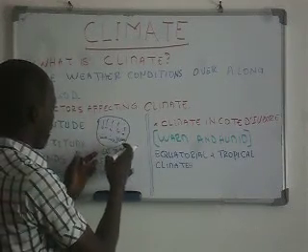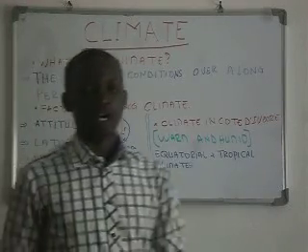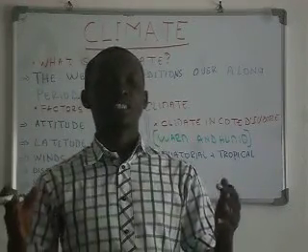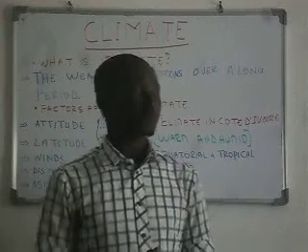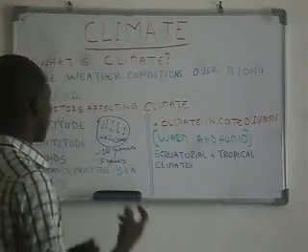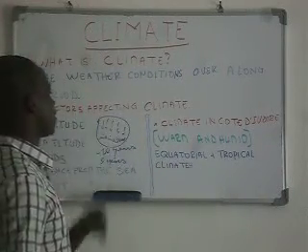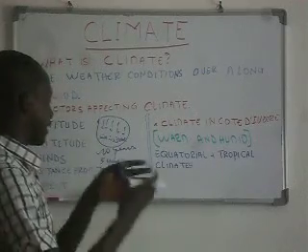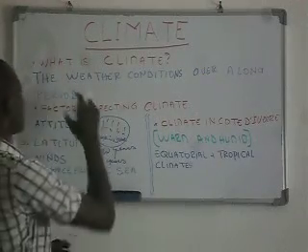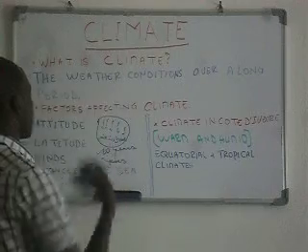Over 10 years, 5 years, or maybe more, 100 years, 1,000 years, it rains only. So then we can talk about the climate. We have a humid climate in this given area. So it is the weather conditions over a long period.